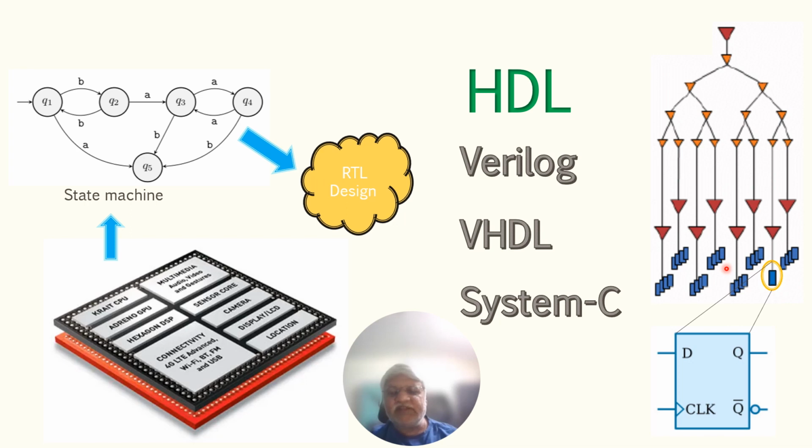That is how the data transfers from one register to another register, like that. That is why it is called a register transfer language, or register transfer level. So here, what we have observed is that this state machine through RTL design is converted into a set of gates having sequential elements and some combinatorial elements.